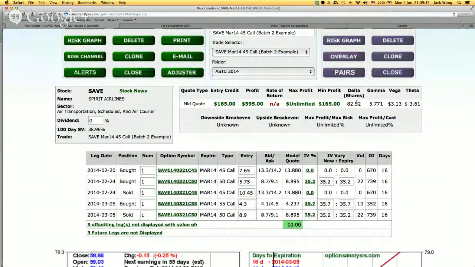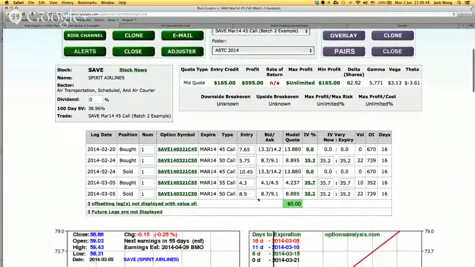Good news. How do I reduce it? Let me explain. I sell the 50 call, I buy the 55 call. That is it. So that is what you do with your broker. If you're not sure how to do it, ask your broker, because your broker must tell you what to do.